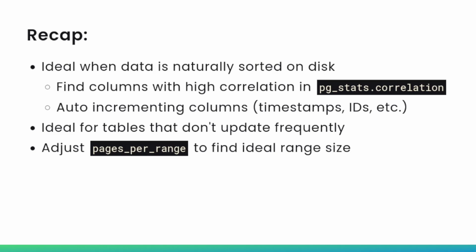For OLTP systems, BRIN can be a bit tricky, okay? Finally, we talked about pages per range and how to adjust the value to control the size and the accuracy. Remember, the main advantage of a BRIN index is that you can use it to satisfy queries in a reasonable amount of time with a very, very small index.